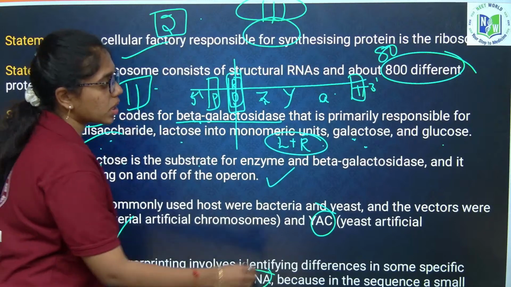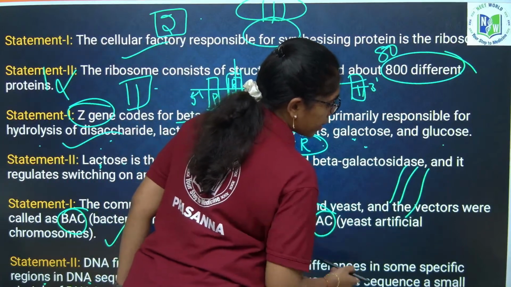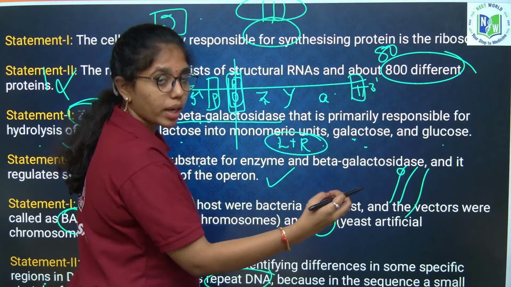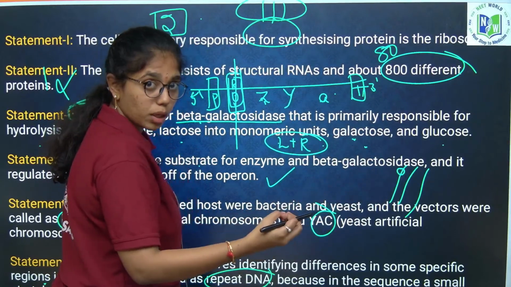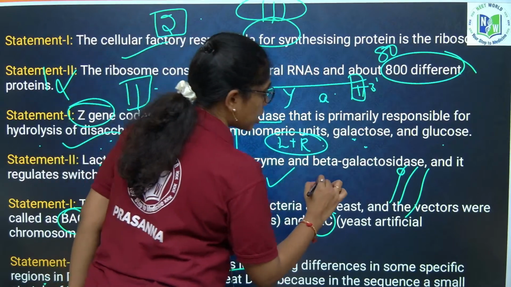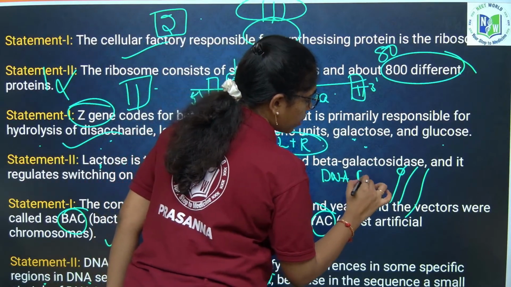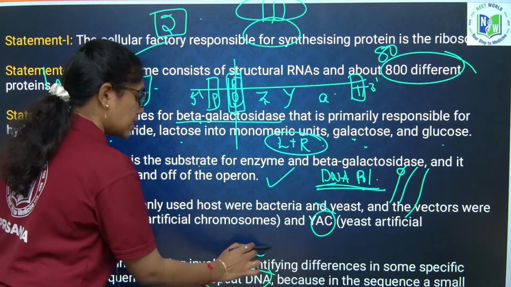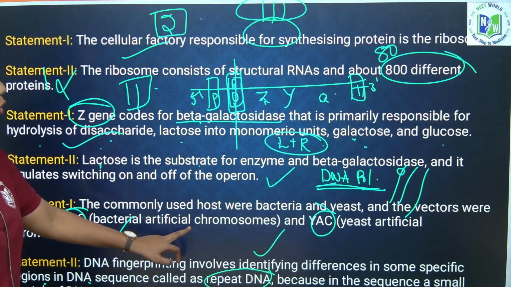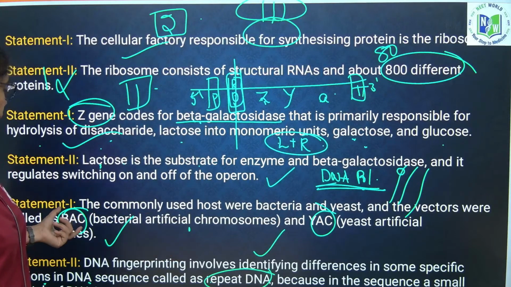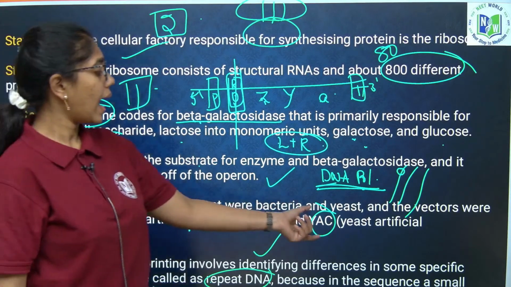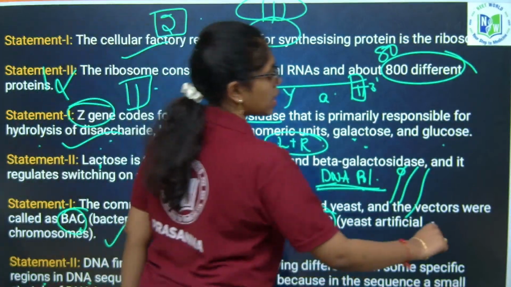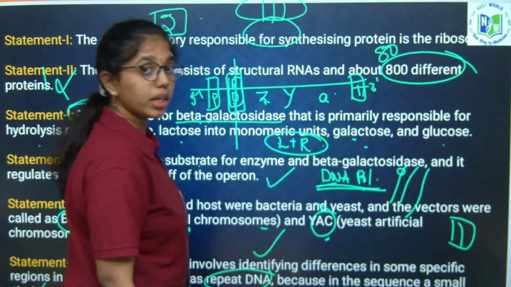We have already discussed that there are small repetitive DNAs, and in them each sequence is variant. Variation of the DNA sequences and genes is called DNA polymorphism. Based on this, DNA fingerprinting is done. Yes, this is a true statement, and the most commonly used vectors are bacterial artificial chromosomes and yeast artificial chromosomes. This is also correct. When two statements are true, we have to go with option 1.